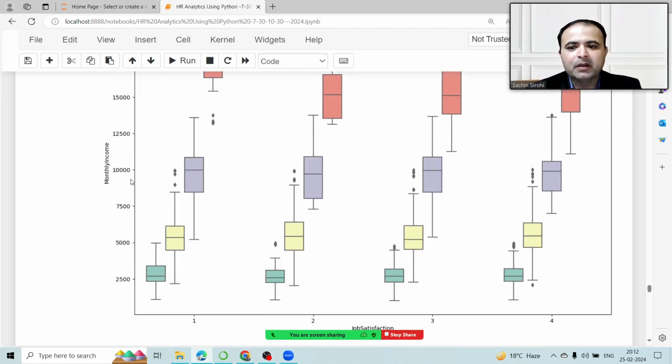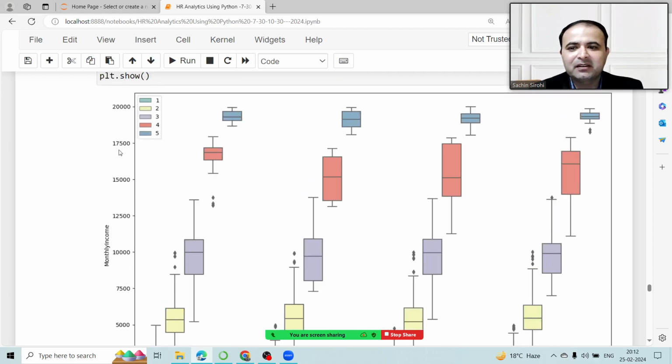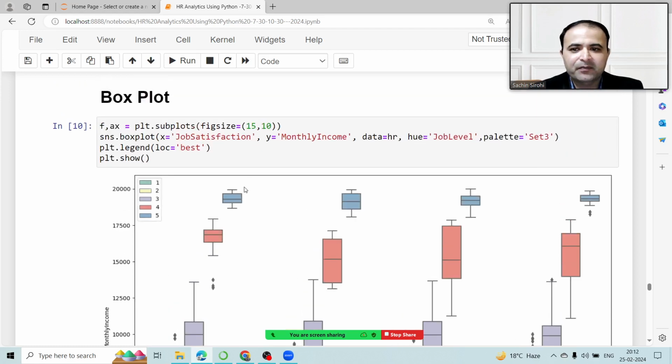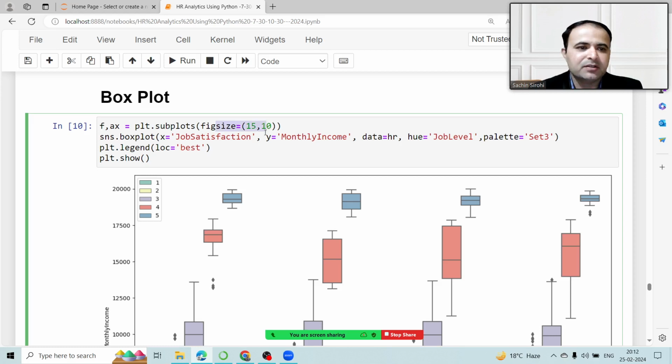So if people's salaries are about 7000 or 8000, job satisfaction is obviously high. But when the salary is above 17500, there is still some data there. It is a size of the plots that you can use.